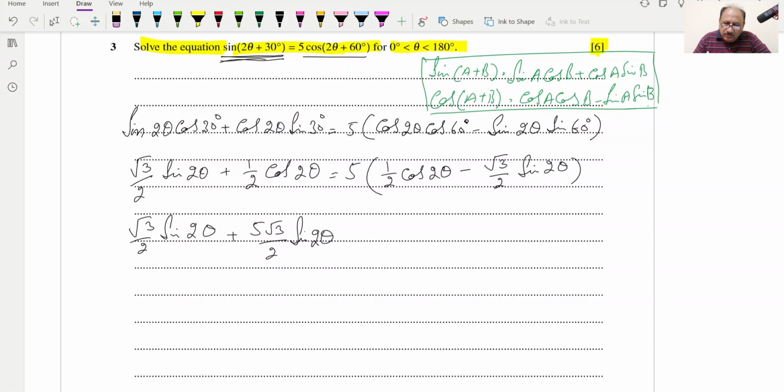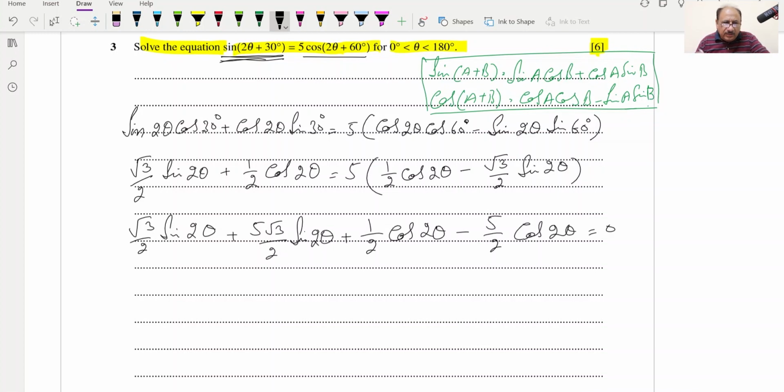Now we'll deal with the cos theta. The first term is 1 by 2 cos of 2 theta, and the second term after multiplication with 5 and shifting to the other side we will get minus 5 by 2 cos of 2 theta is equal to 0.